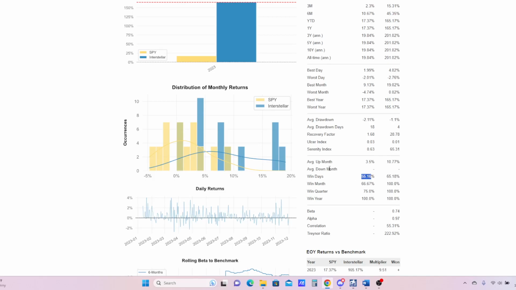The problem is with S&P, the losses could be bigger than the wins a lot of times, and so even if you have a win rate that's above 50%, you could have a win rate that's 80 or 90%. But if your losses are larger than your wins, you could still have a trading strategy that underperforms.